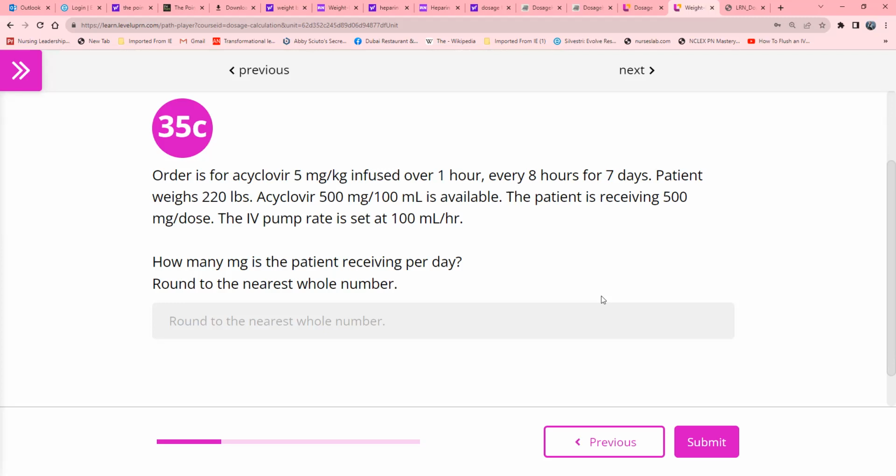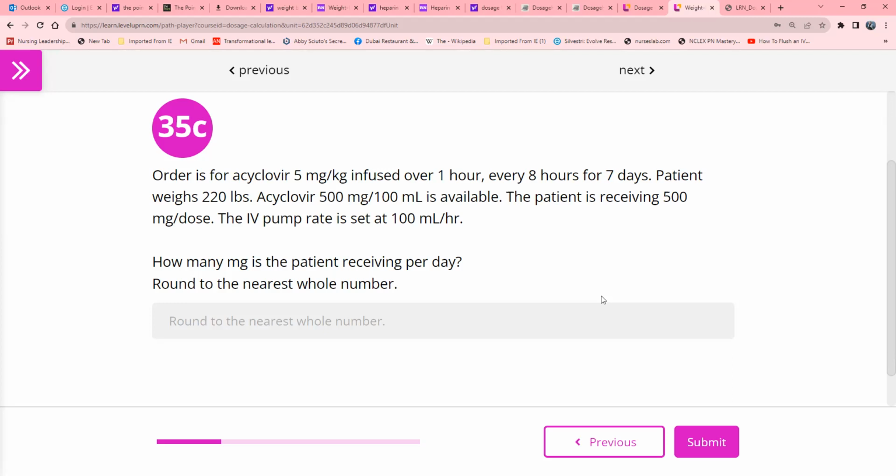You have 500 milligrams per 100 mLs. So that means for every 100 mLs he's getting 500 milligrams. It's infused over 1 hour every 8 hours.